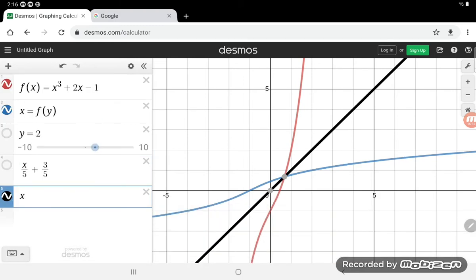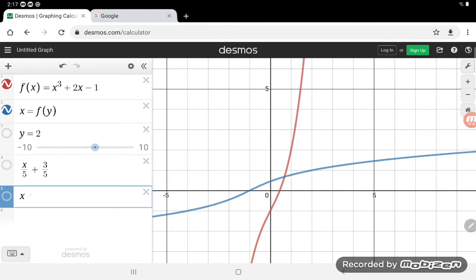You see they are mirror images across the y equals x line, and so you can get a nice plot of the inverse function that way. And now I can't do a lot with it in that form, but at least I don't think I can.